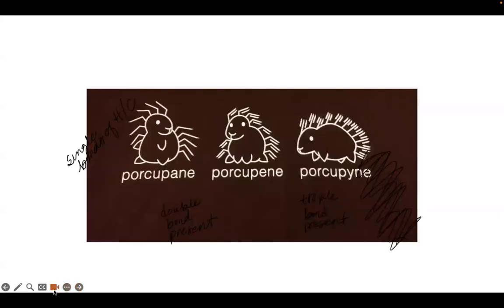So I love this little, I guess this is a meme, a very old school meme. This is something I found when I took organic chemistry eons ago, but I thought it was funny. So it's porcupine, and it has all single bonds coming off of it. Porcupine, and it has double bonds coming off of it. And porcupine, and it has triple bonds coming off of it.